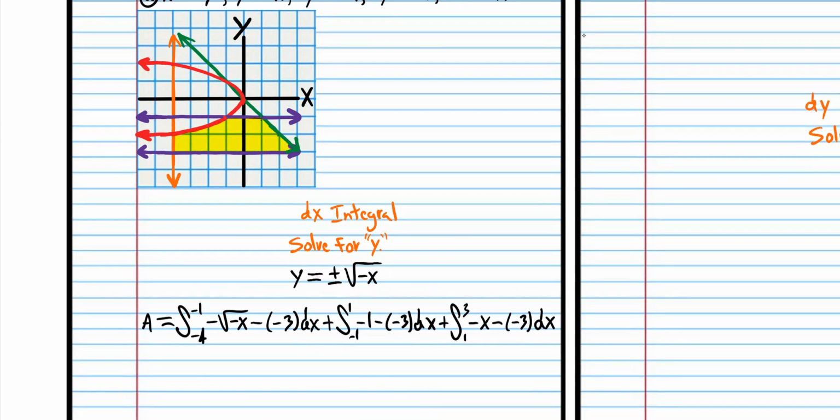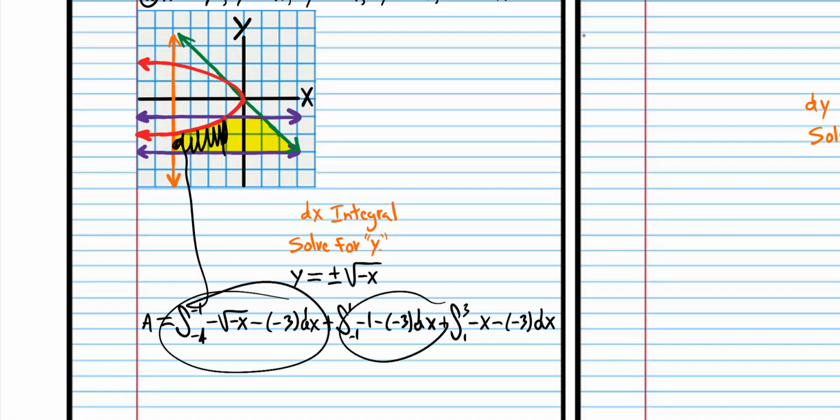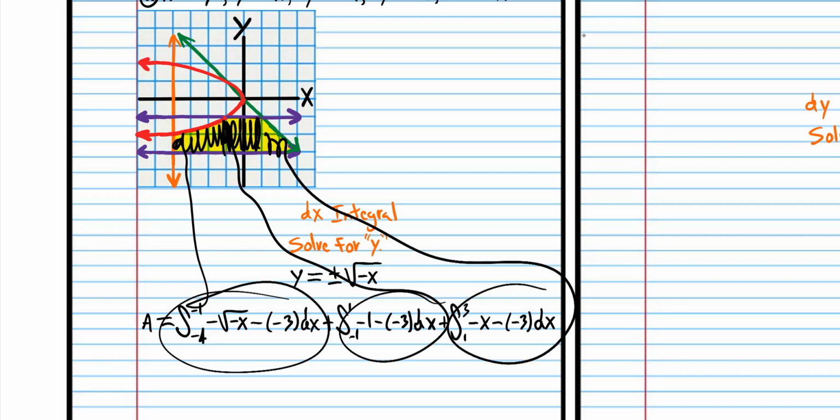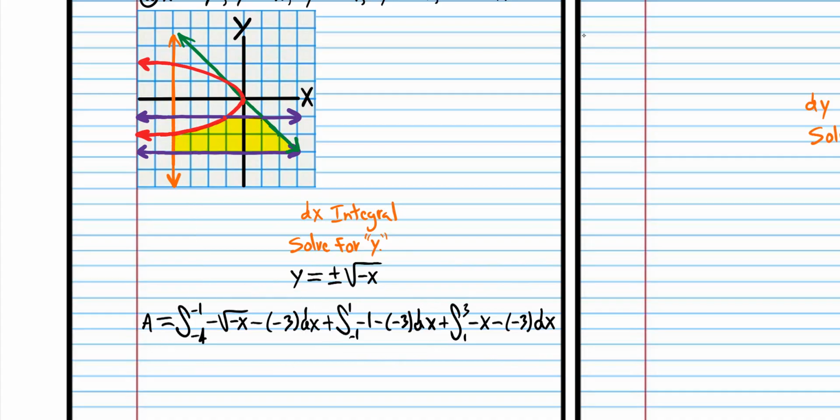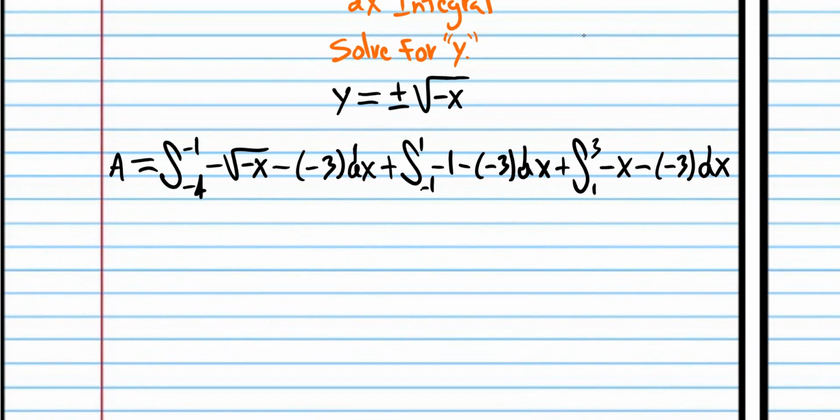So just to be clear, this integral here is the area from here to here. This integral is the area from here to here, and this integral is the area from there to there. And we're taking the bigger y values and subtracting the smaller y values. Okay, so let's see what we can do.